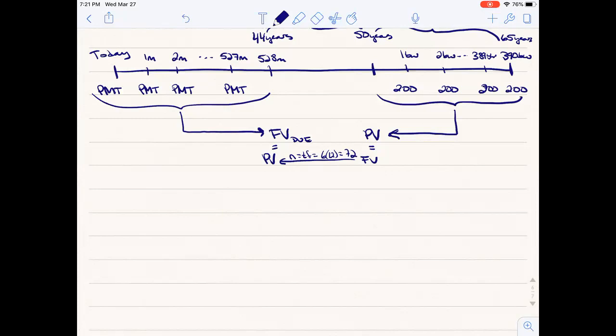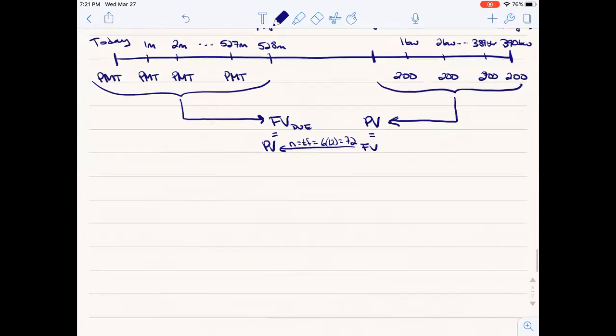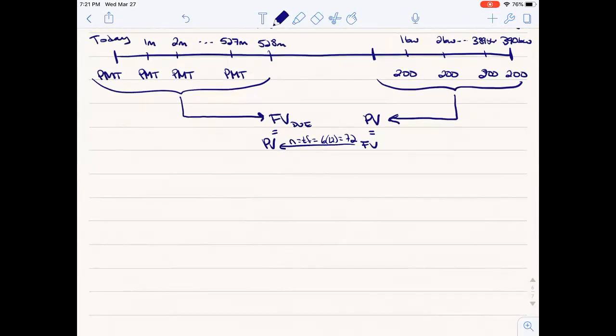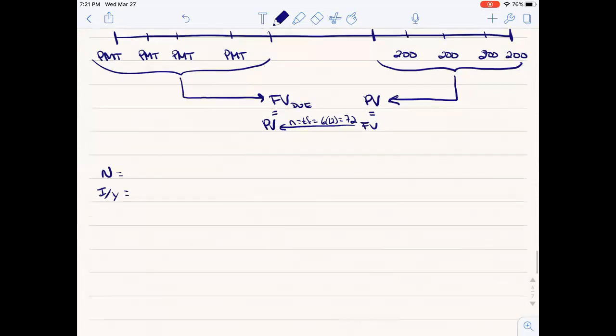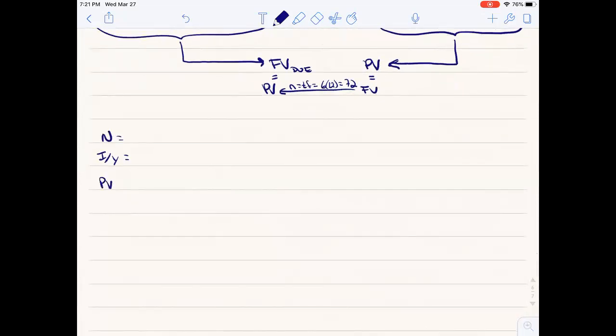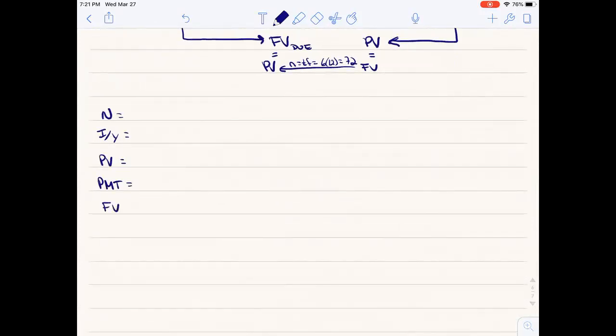So it's kind of a 3-phase problem. For each of these, I'm just going to write out n equals, interest per year equals, the present value, the payment amount, the future value, the payments per year, the compoundings per year, and beginning or end.